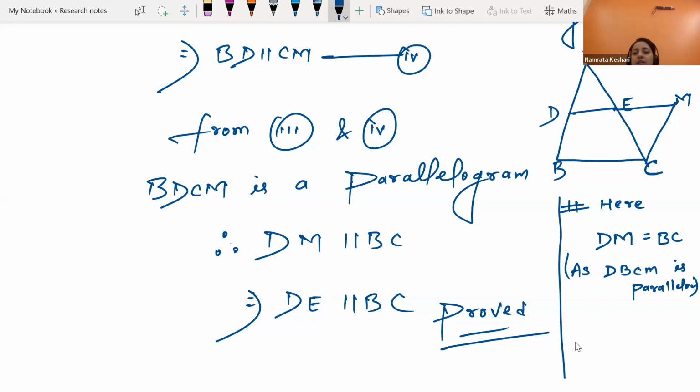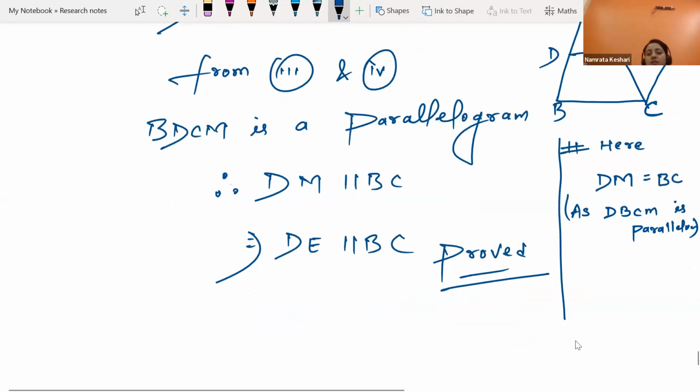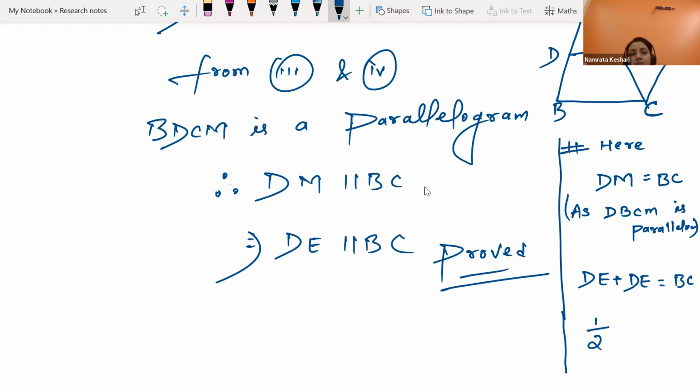And from here we are saying DM is nothing but DE plus DE, or half of DE, whatever you are writing. That means 2 times DE is equal to BC, right? That means DE is half of BC.